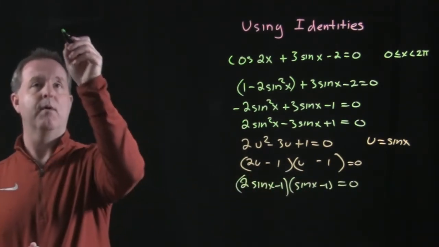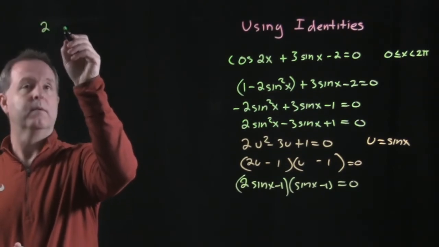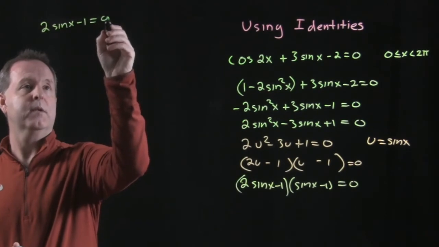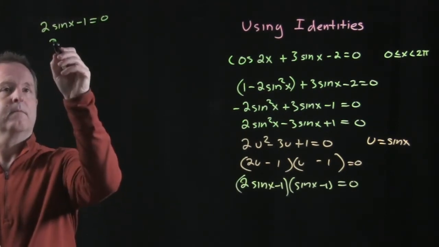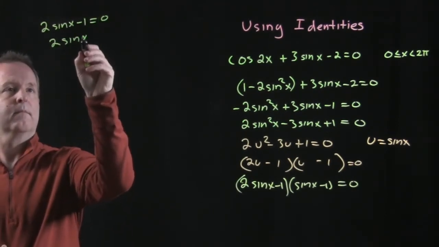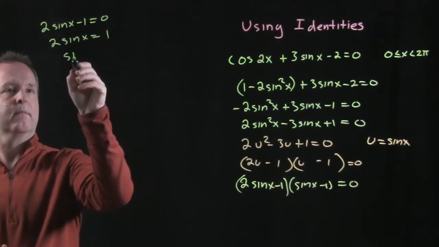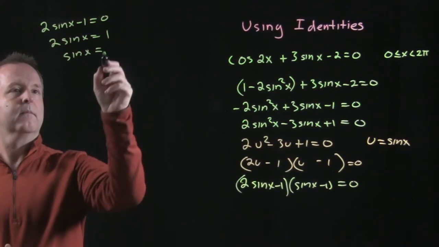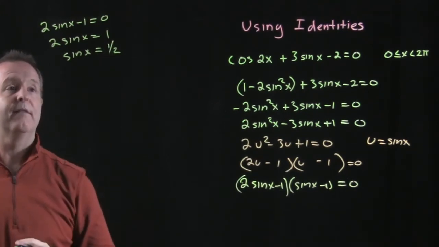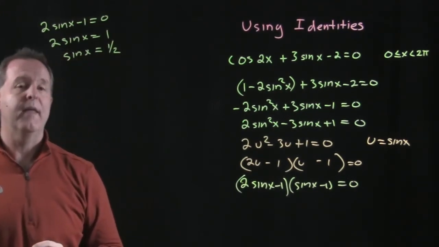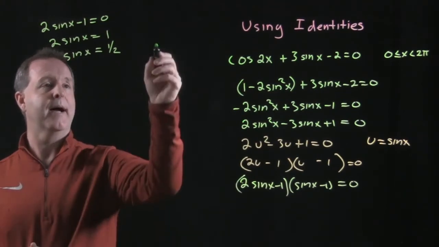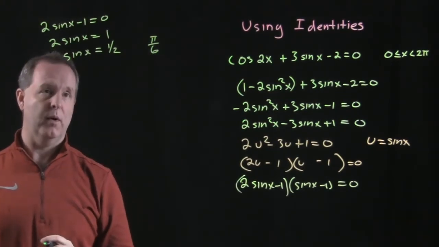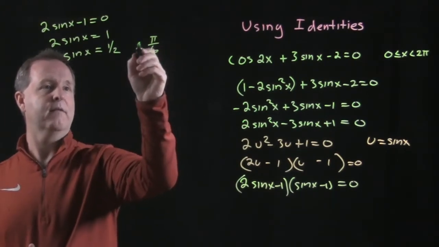That's true if either factor is equal to 0. So let's look at both of those. 2 sine of x minus 1 equals 0. Sine of x equals 1/2. We know that occurs at the value of pi sixth. So sine of pi sixth is 1/2. That's one value of x.